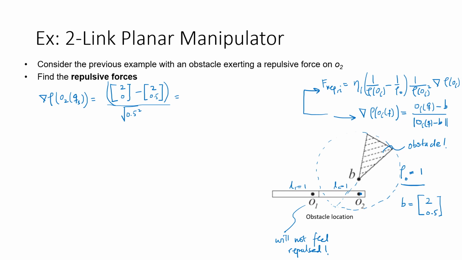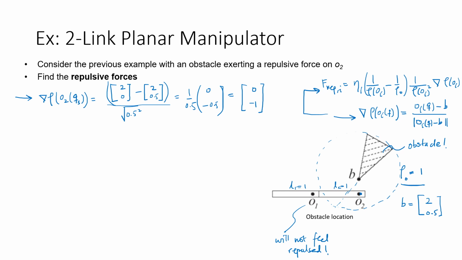So this can be rewritten like 1 over 0.5 into this vector, which is (0, minus 0.5). So if I do that, this is going to be a vector which is (0, minus 1). So this is your gradient of rho for O2.